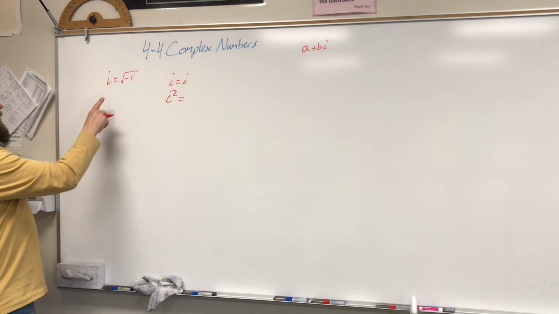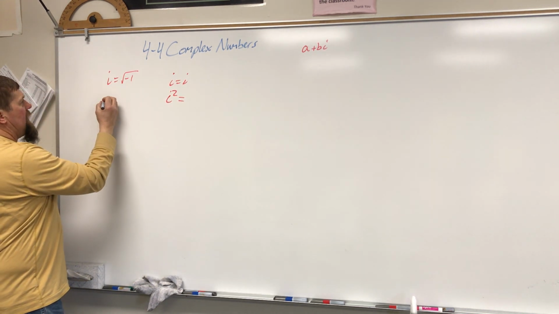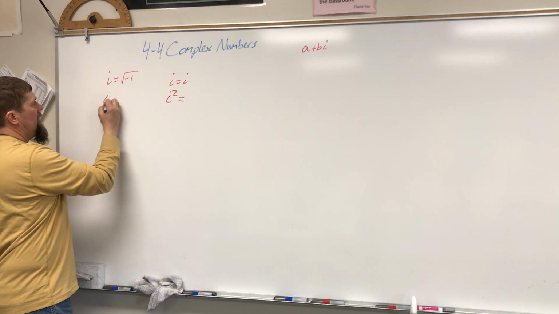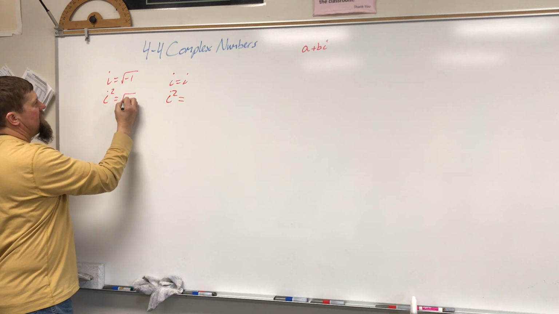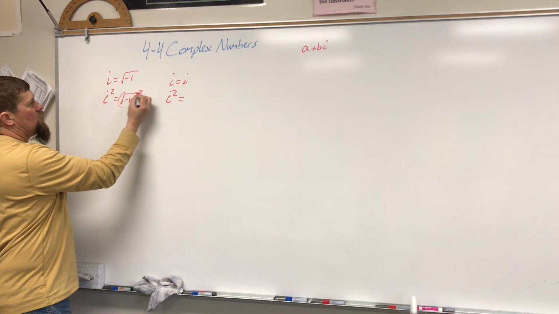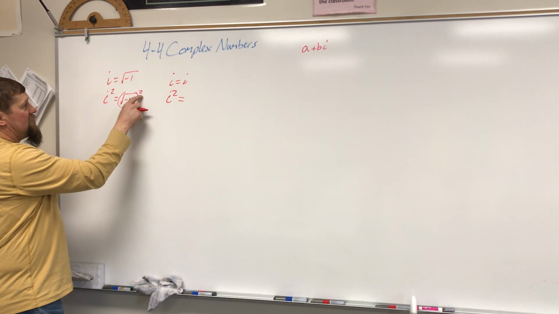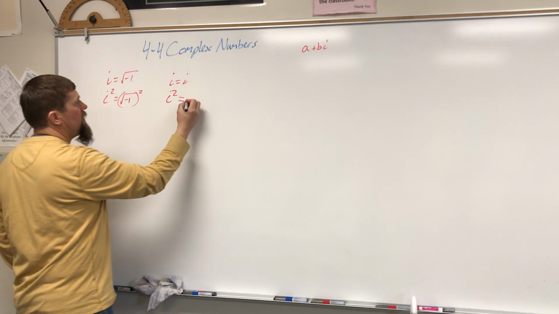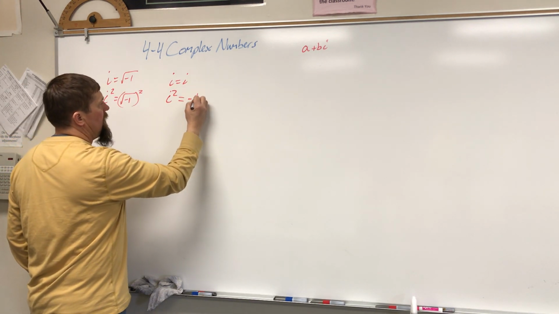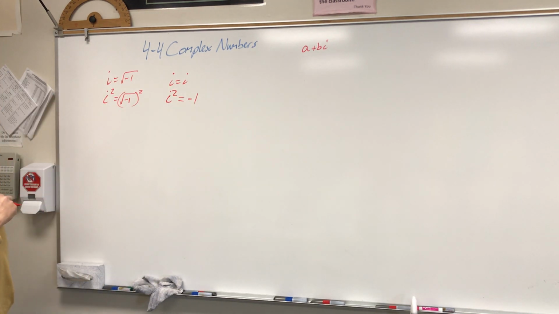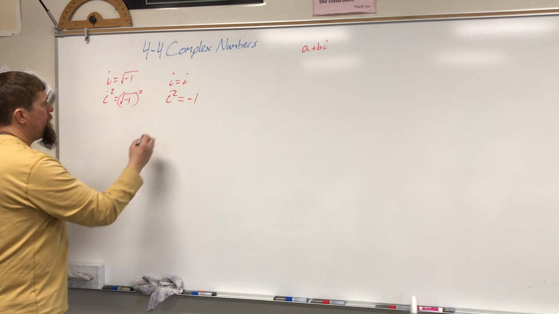If you think about what i equals, and if I'm going to square i, that's like squaring the square root of -1. All that's going to happen is that the square is going to cancel out the square root, so i squared is the same as -1. Okay?